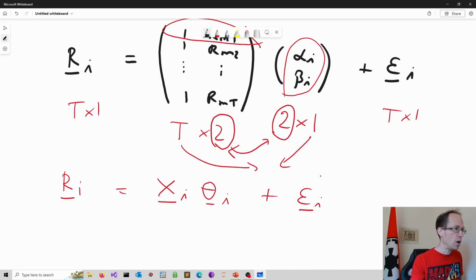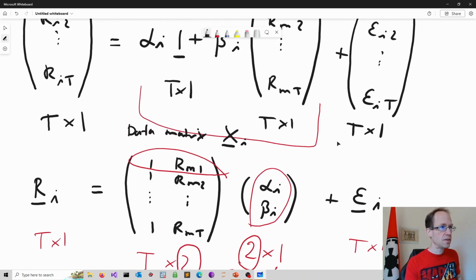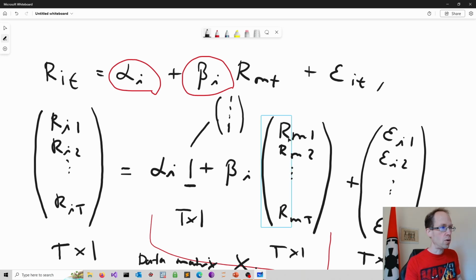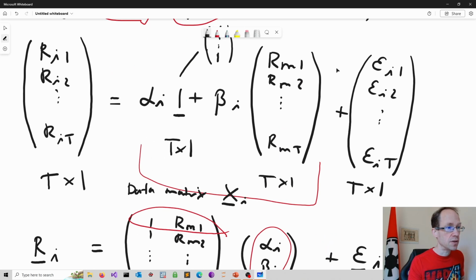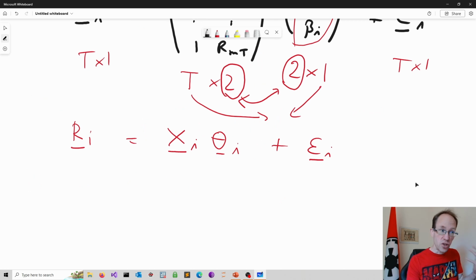Yeah, and the power of matrix notation is I can express this system of equations here for all the different i's, all the different stocks in a single line, which is very powerful because also computationally, this is basically exactly how it would work. Yeah, so if you want to translate this later into a statistical software, you could code based on this equation depending on the programming language you use.